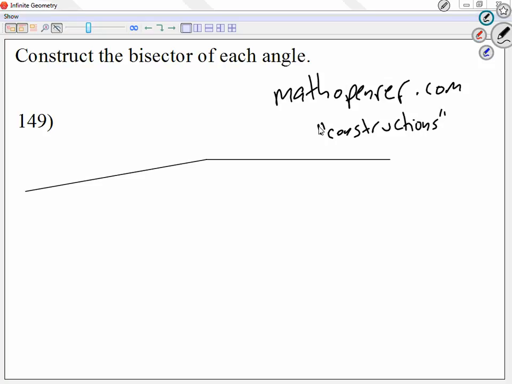There are a few constructions that I want you guys to take a look at. Make sure you guys know how to do perpendicular segment and perpendicular bisector.